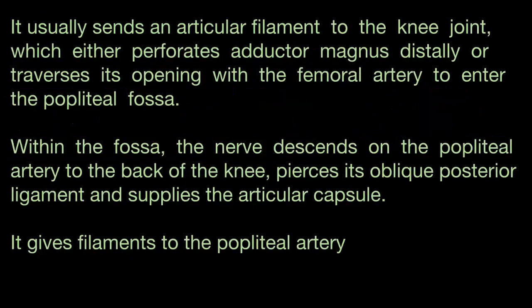It usually sends an articular filament to the knee joint, which either perforates adductor magnus distally or traverses its opening with the femoral artery to enter the popliteal fossa, to supply the knee joint.